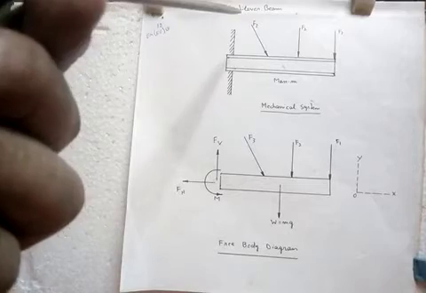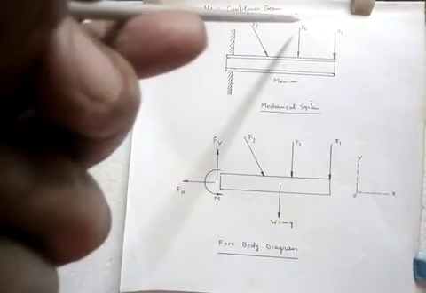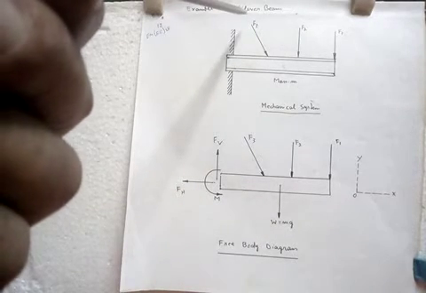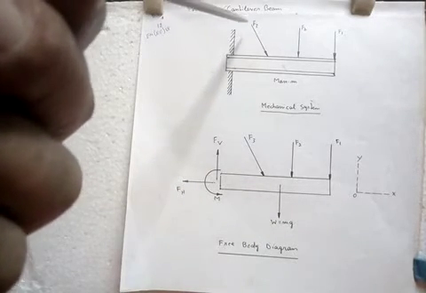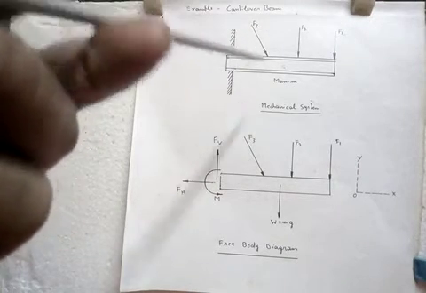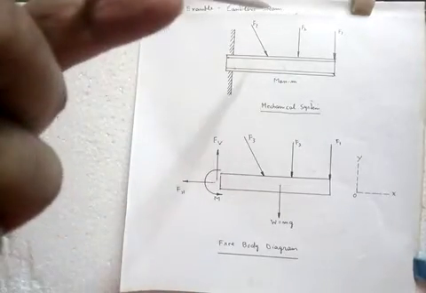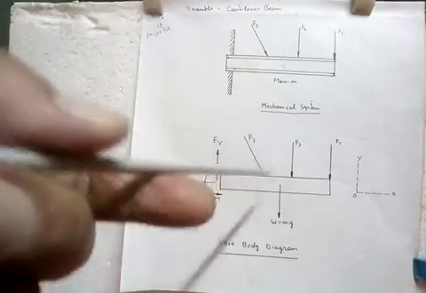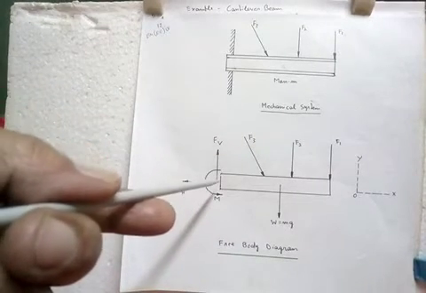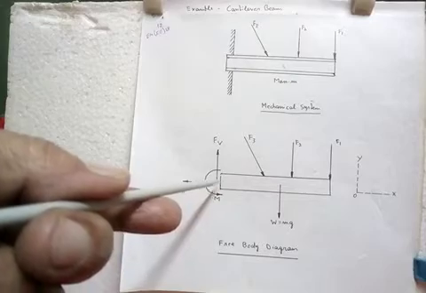So the vertical forces are F1 plus F2 plus W plus the vertical component of F3. So the reaction must be equal to that total downward force, and that is equal to Fv, which is acting upward at this contact point.